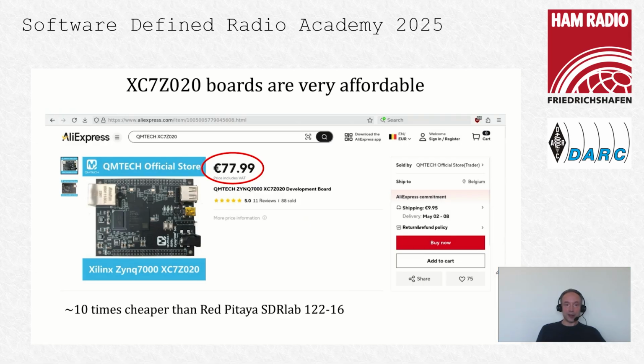So we could probably add ADCs to this board via the expansion connectors that are available on this board and obtain an SDR hardware that could be still cheaper than the Red Pitaya SDR Lab board.